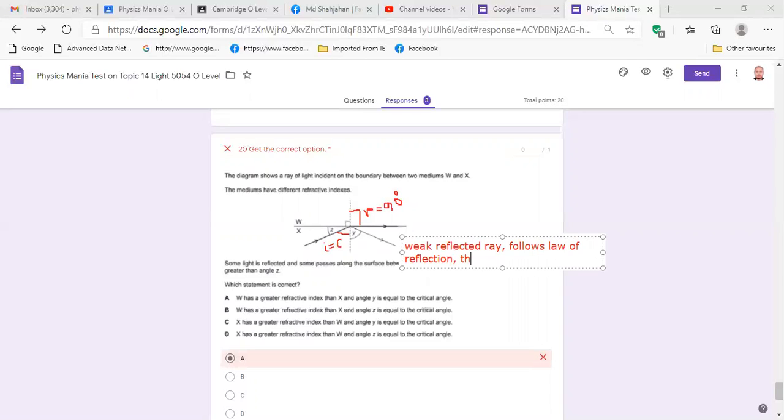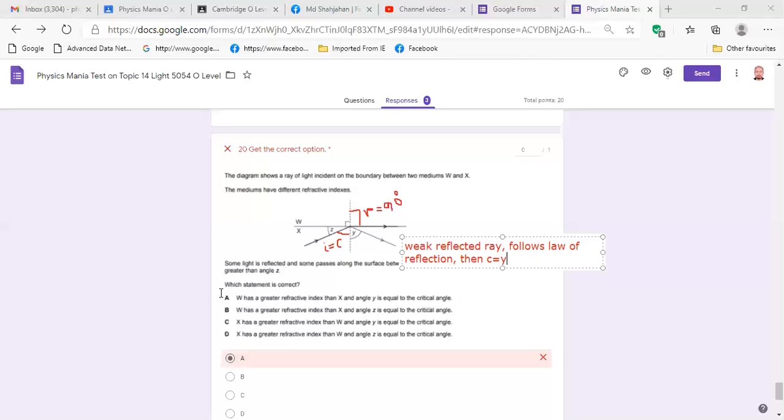C is our critical angle, so C equals Y we can write. That means this angle Y is equal to the critical angle.